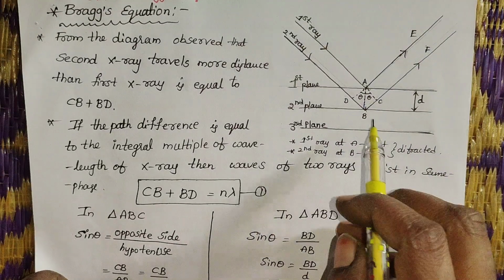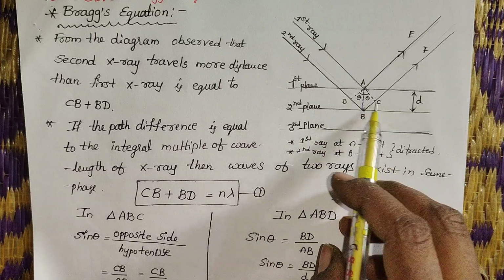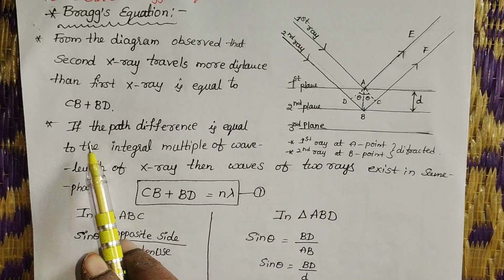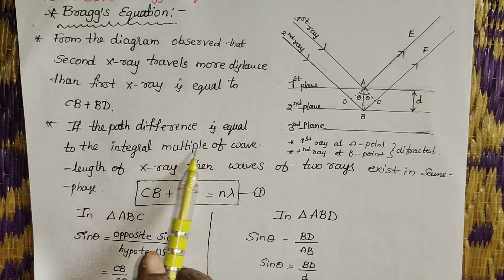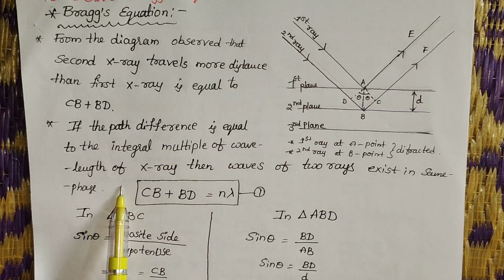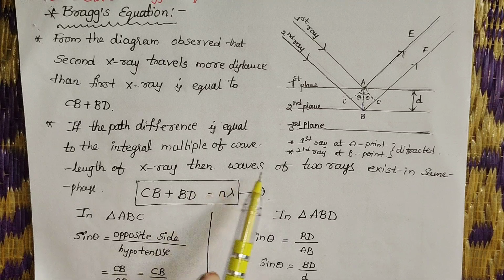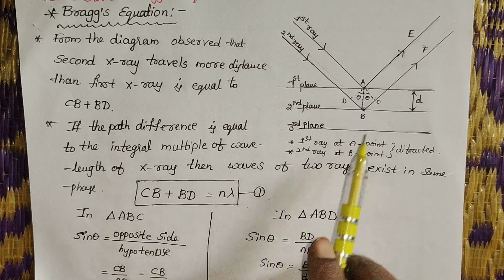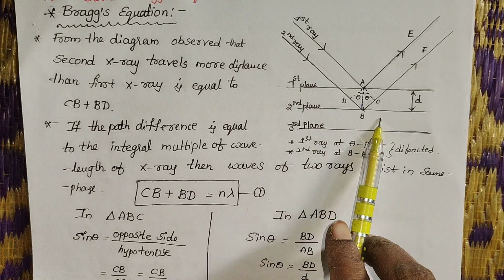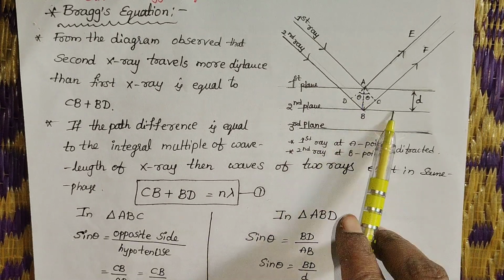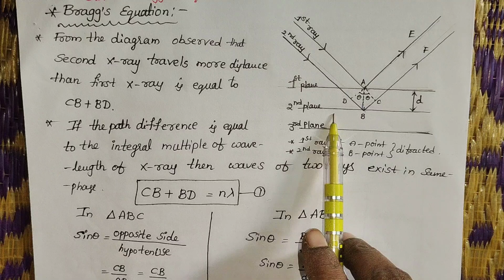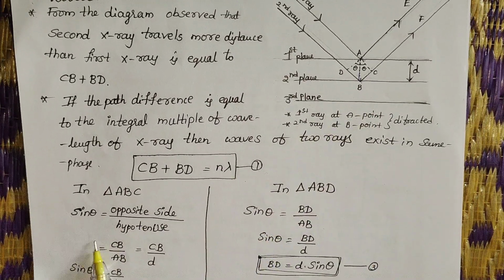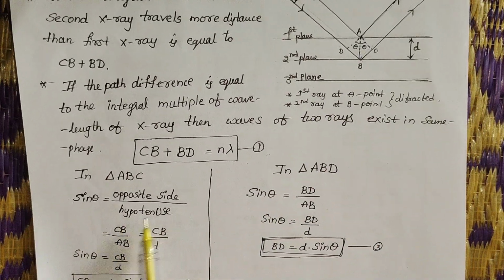CB plus BD equals n lambda. This is the first equation, according to which, if the path difference is equal to the integral multiple of the wavelength of the X-ray, then the waves of the two rays exist in the same phase. In triangle ABC, sin theta equals opposite side by hypotenuse.